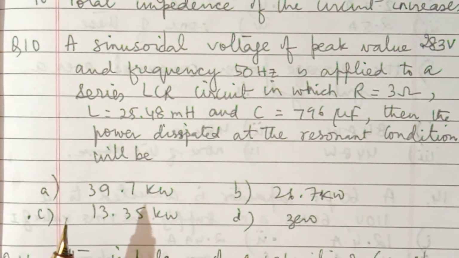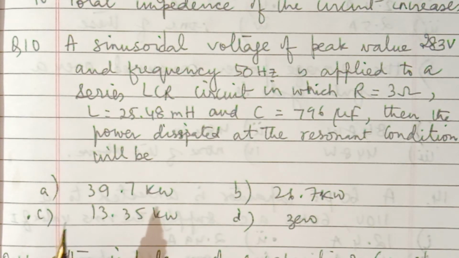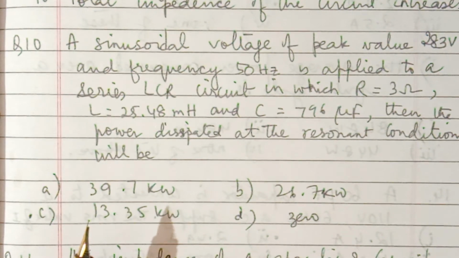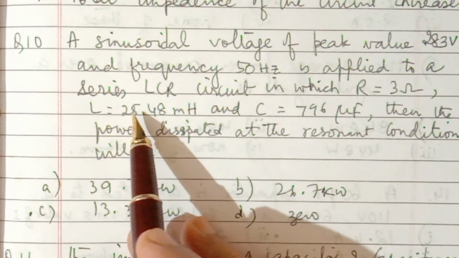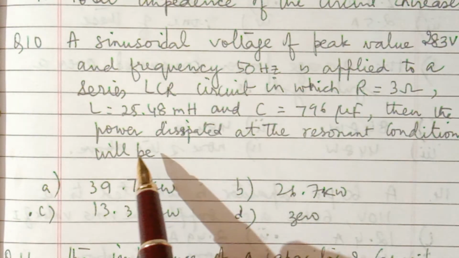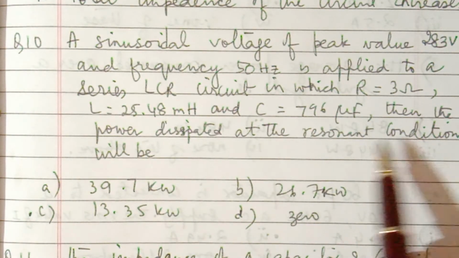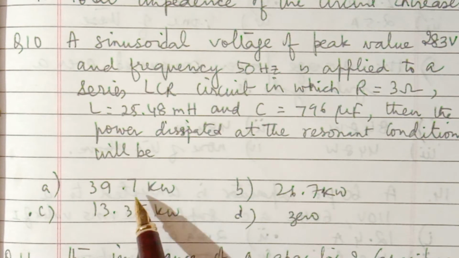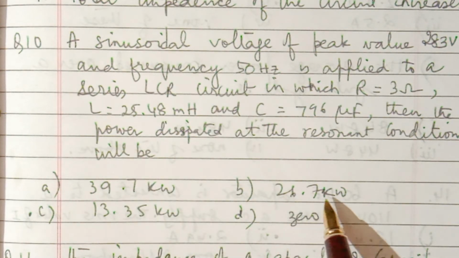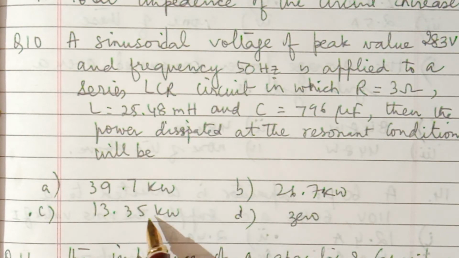Sinusoidal voltage of peak value 283 volt and frequency 50 hertz is applied to a series LCR circuit in which R is equal to 3 ohm, L is given, C is given. Then the power dissipated in the resonant condition will be 39.7 kilowatt, 26.7 kilowatt, 13.35 kilowatt and 0.